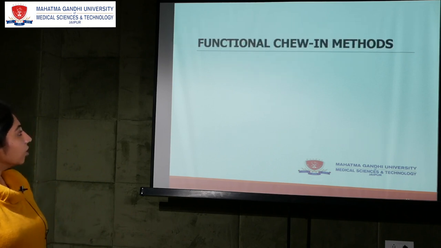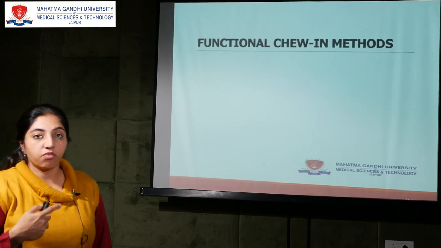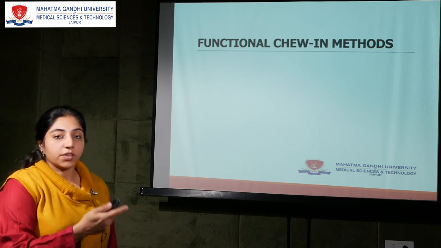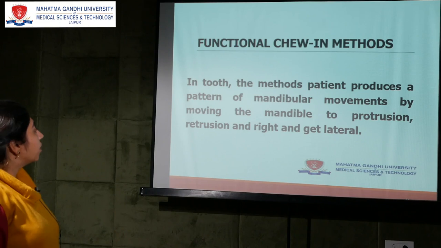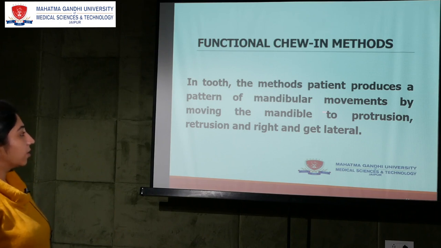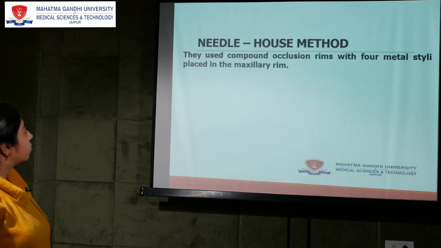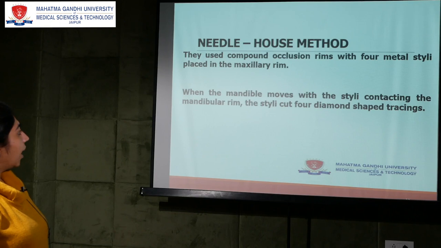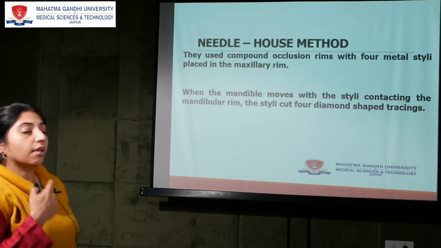So, when I say functional, it means that the jaws are performing some function while the record of centric relation is taking place. In this method, the patient produces a movement by protrusion, retrusion, or slight movements. So, you have the Needle House technique, and in it they used 4 metal styli in the maxillary rim.